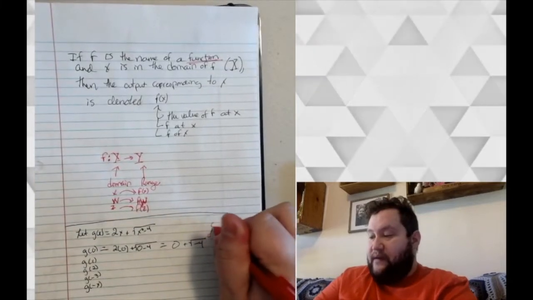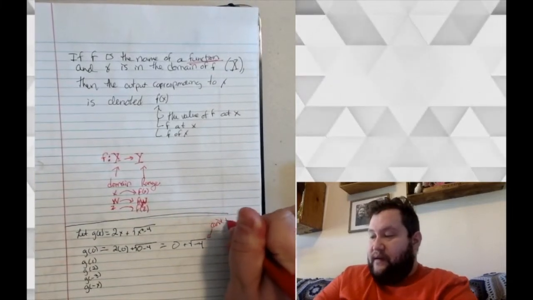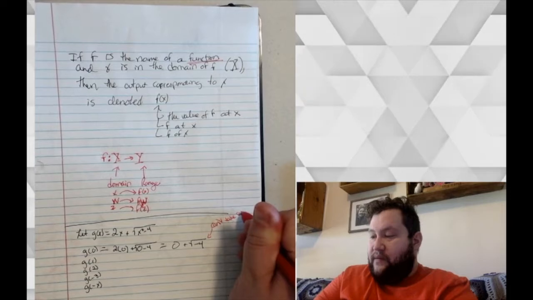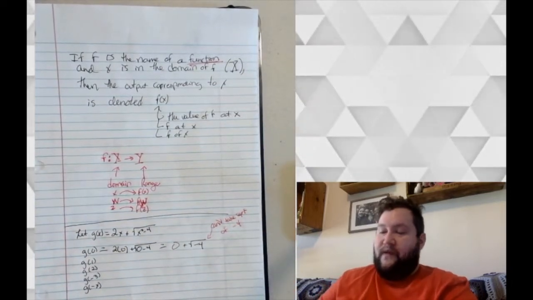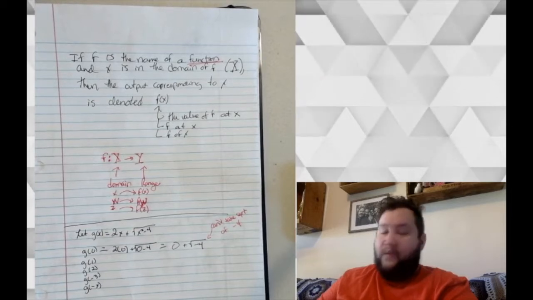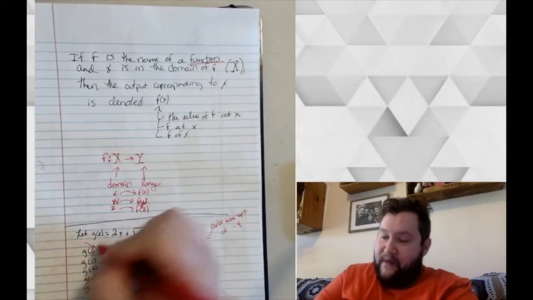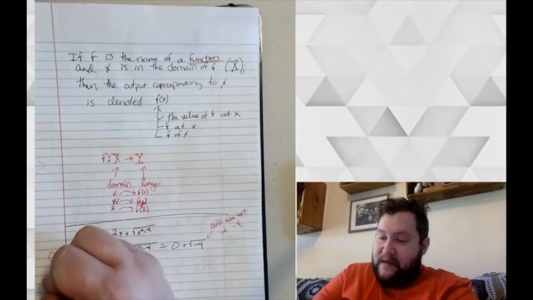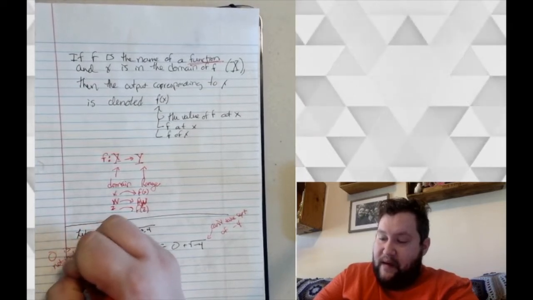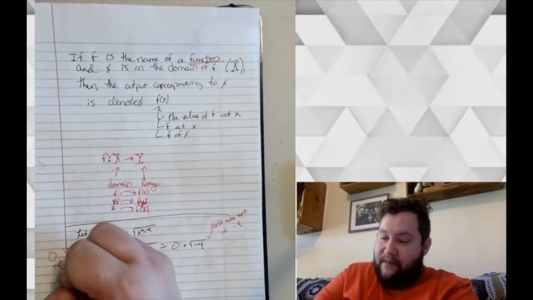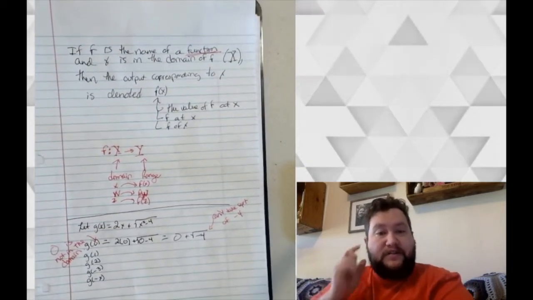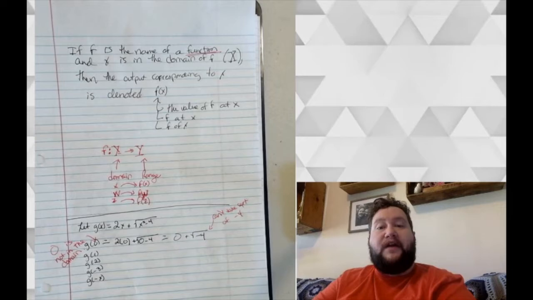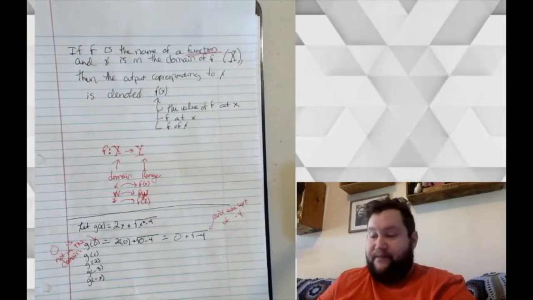So we can't take the square root of negative 4. And so we get that 0 is not in the domain. For a number to be in a function's domain, we must be able to evaluate that function at that point.